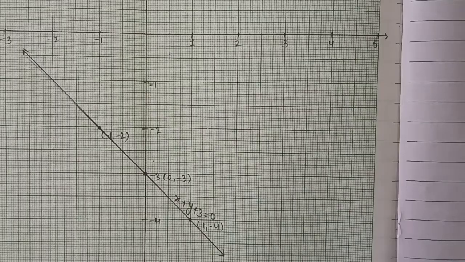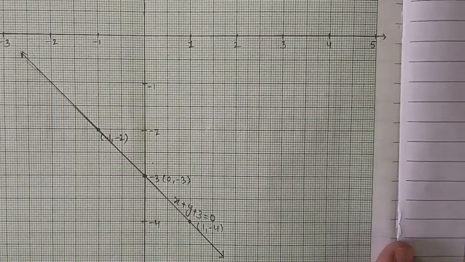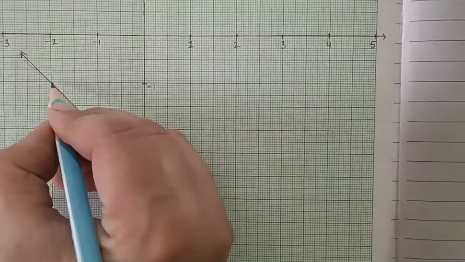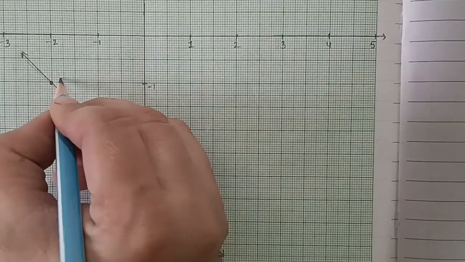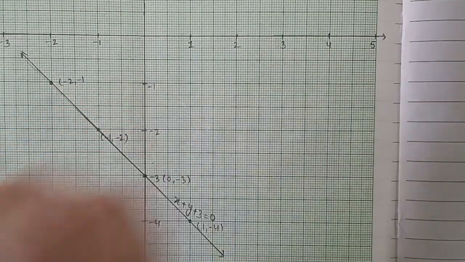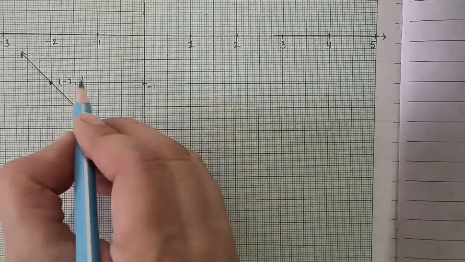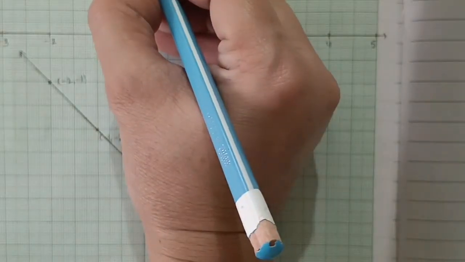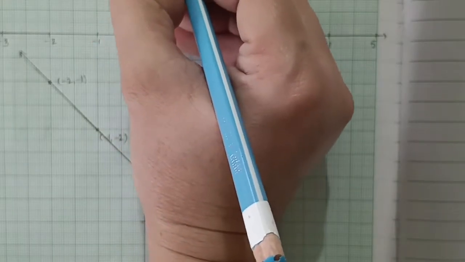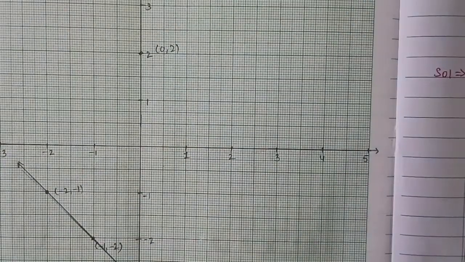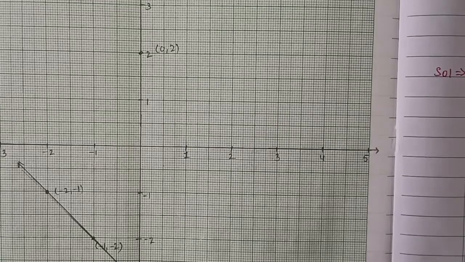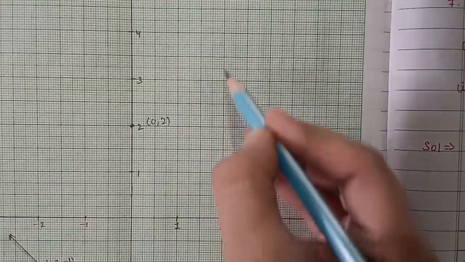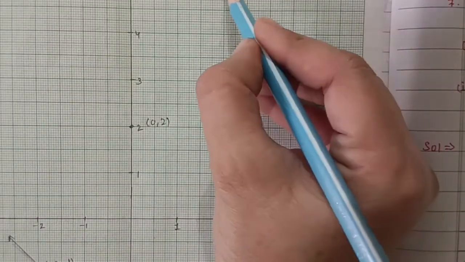Now for the second line we will plot the points. The first point is minus 2 comma minus 1. Then the second point is 0 comma 2. And the third point is 2 comma 5, so 2 from here and 5 on the y-axis.